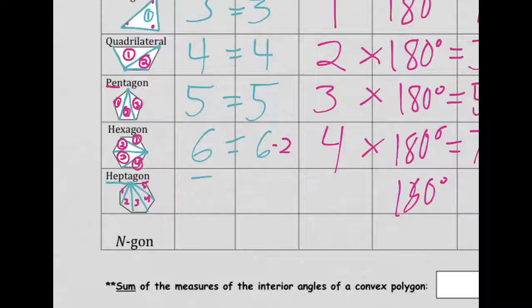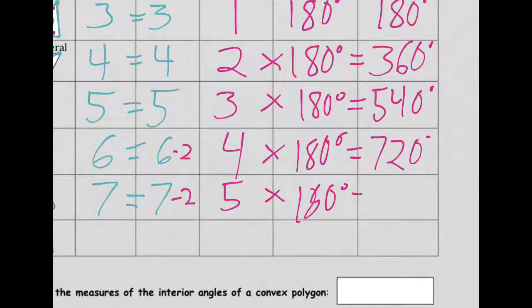Hepta, that means 7 sides, 7 angles. And then remember, we basically just take our sides minus 2 to find out how many triangles there are. That's the pattern, if you haven't guessed it already. 5 times 180 is, drumroll please, 900 degrees in a heptagon.